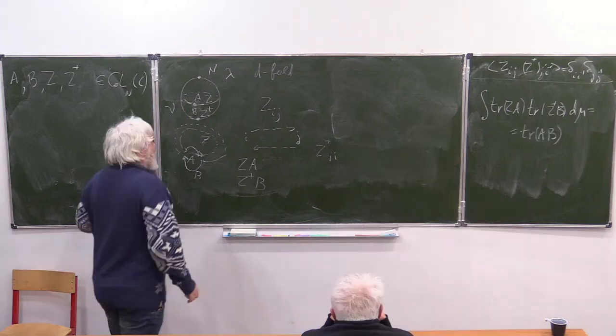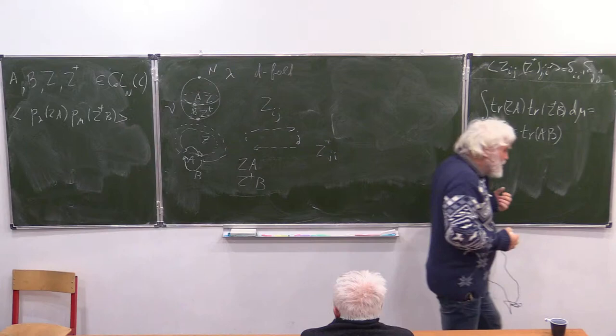And now let us calculate this average between p lambda of zA and p mu of z dagger B. For Gauss integrals, the so-called Wick theorem is known.